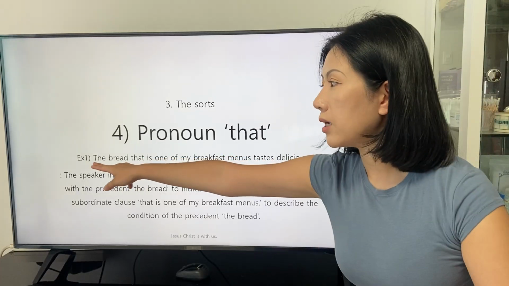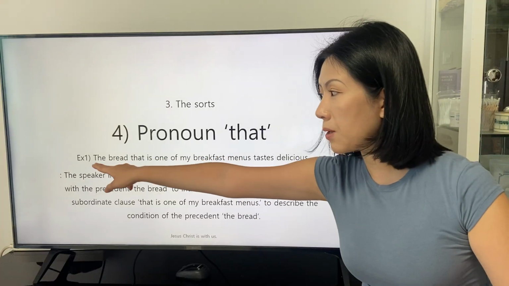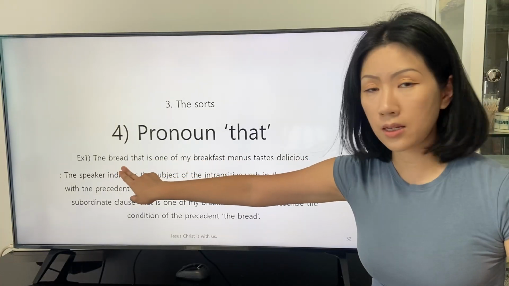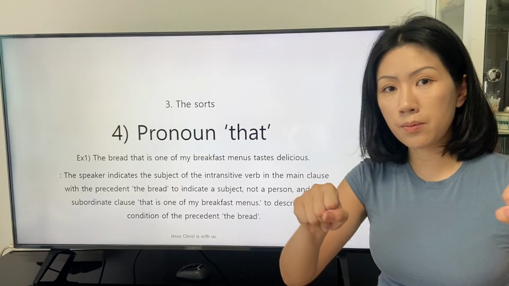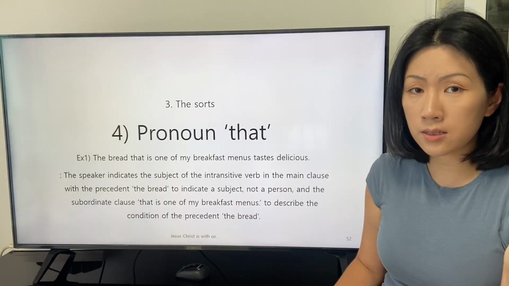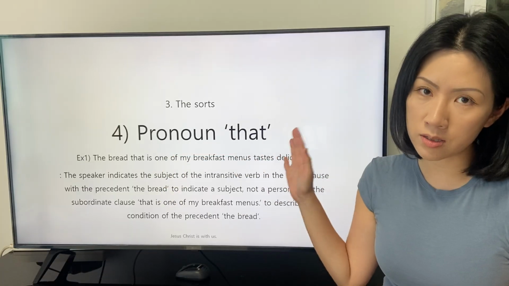The subject that is described by the intransitive verb taste is the bread, basically the precedent. So we can find that the subject-verb agreement is made even though the subject and the verb fall apart in the sentence.